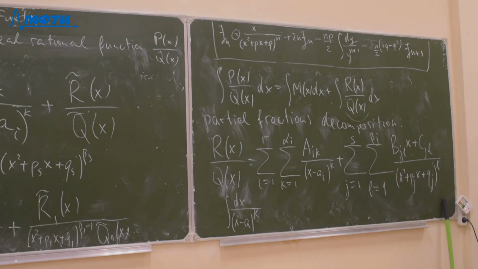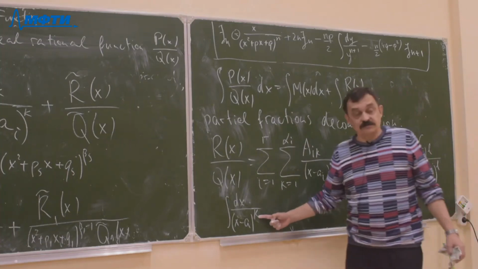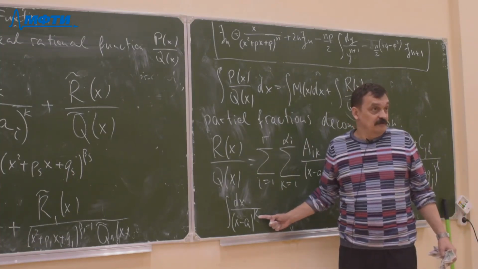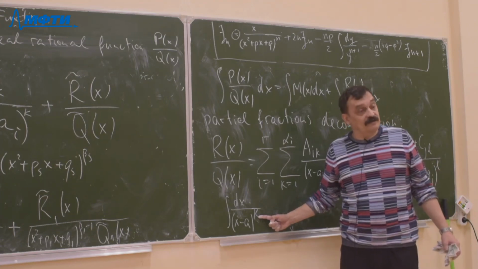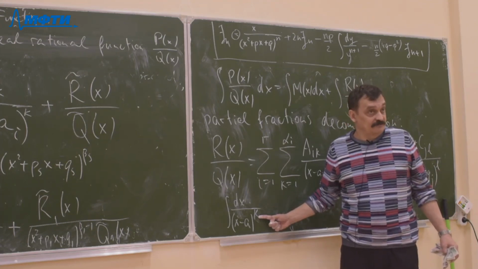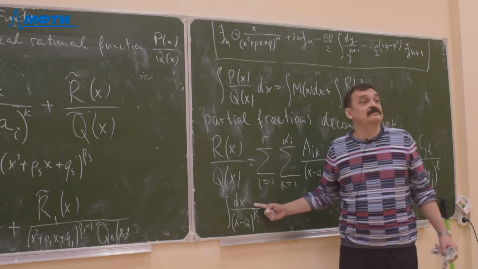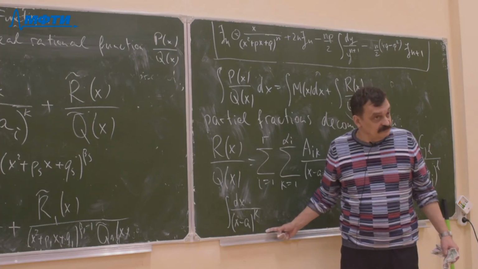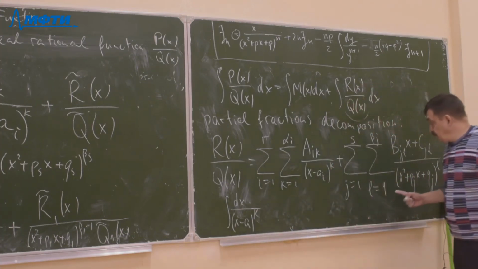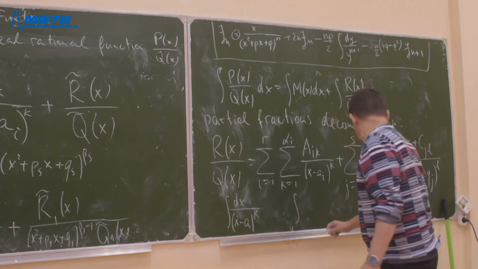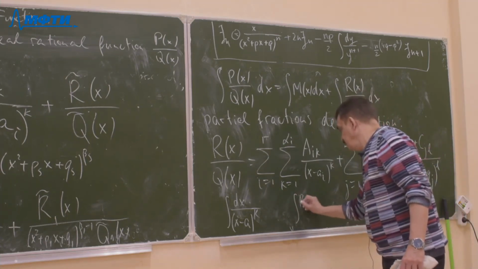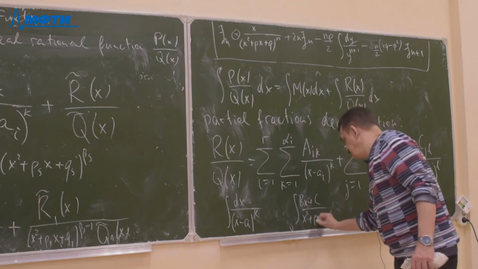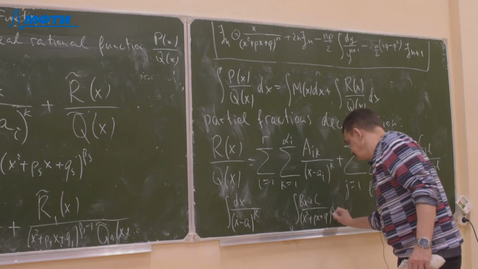What do we obtain? If k does not equal 1, then that is a power function, right? If k equals 1, then that is a logarithm, right? So in any case, it can be written with the help of elementary functions, right? Now, what about integrals of bx plus c over x squared plus px plus q power beta dx?